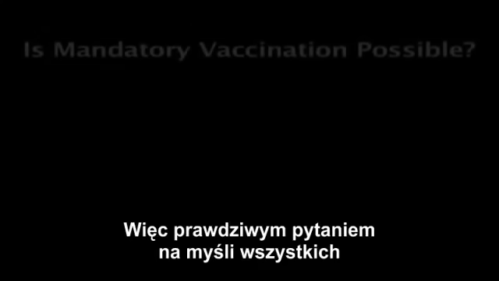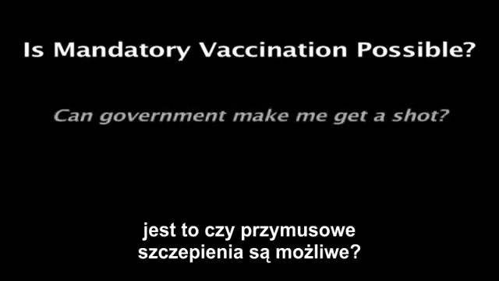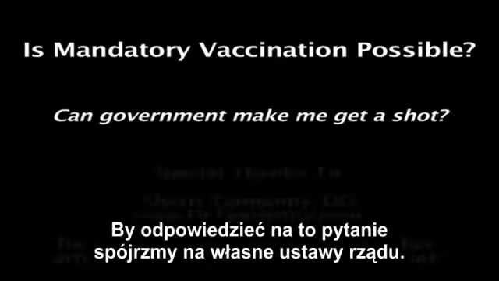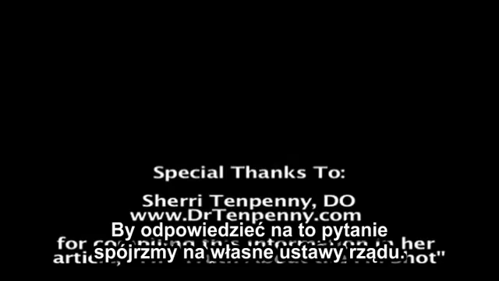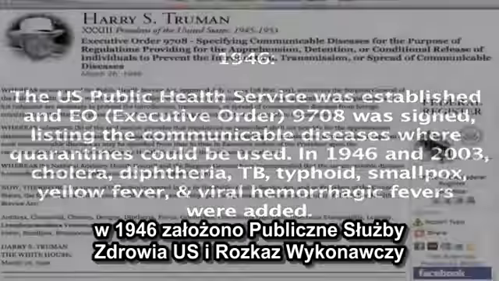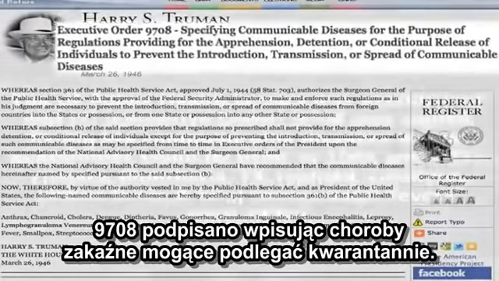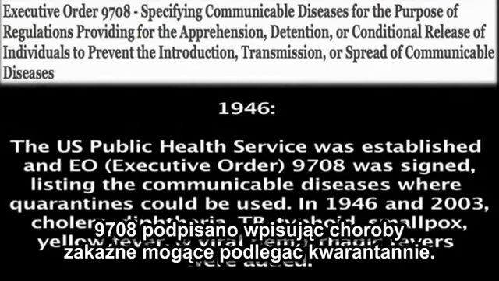So the real question on everyone's mind: is mandatory vaccination possible? To answer this question, let's look at the government's own legislation. In 1946, the U.S. Public Health Service was established and Executive Order 9708 was signed, listing the communicable diseases where quarantines can be used.